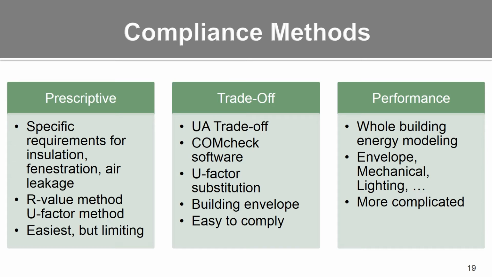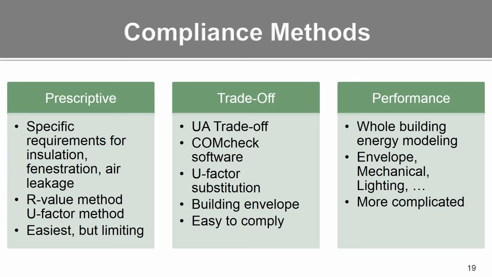The compliance methods within IECC and 90.1 in general are outlined on this slide. However, individual provisions will vary from one version to the next, between the IECC and 90.1. But from a high-level view, the prescriptive method, the trade-off method, and the performance method are three distinct paths one can take.